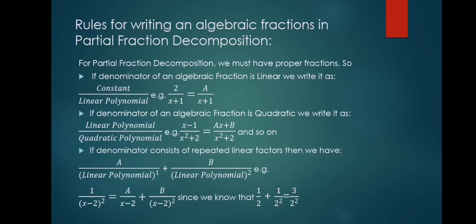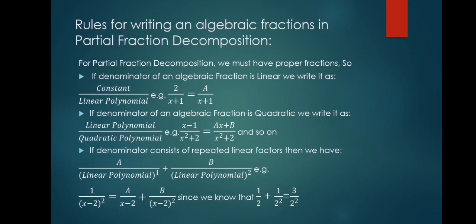So if we have a linear polynomial in the denominator, in the numerator we must have a constant. For example, 2 divided by x plus 1. In the denominator we have x plus 1, which is obviously a linear expression, but in the numerator we have 2, which is a constant.